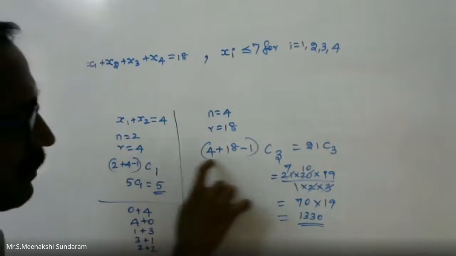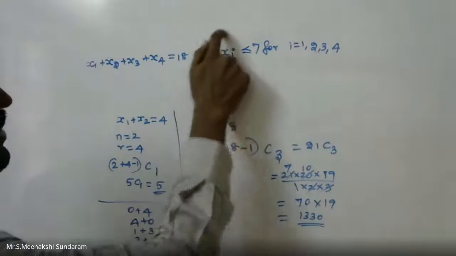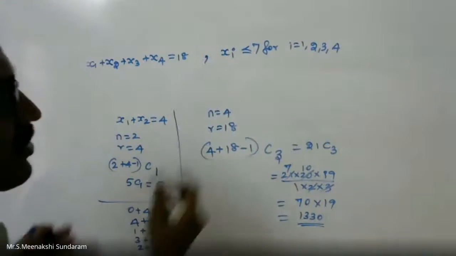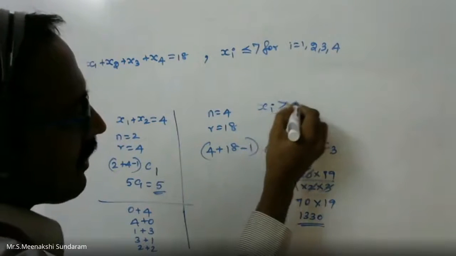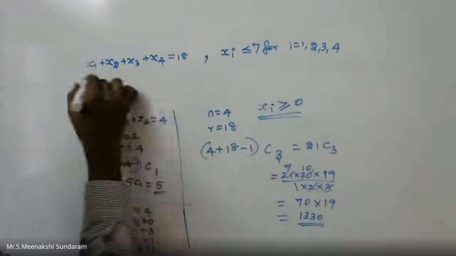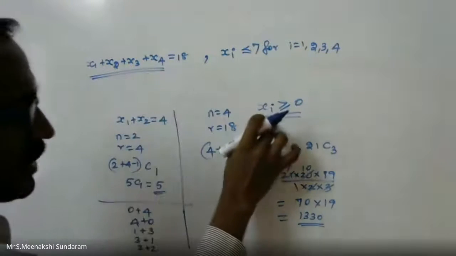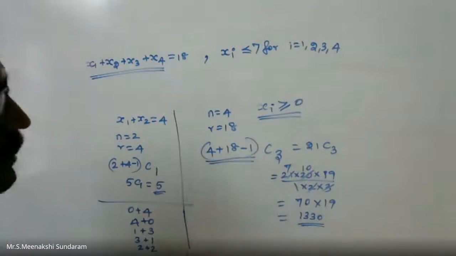This formula is applicable only when all the xi's are greater than or equal to 0.